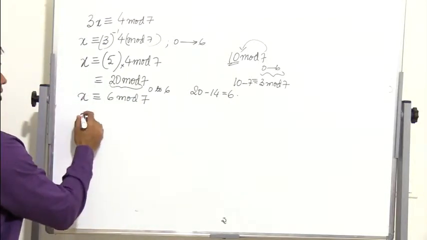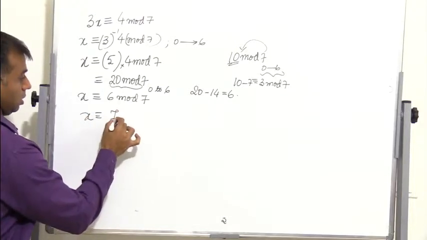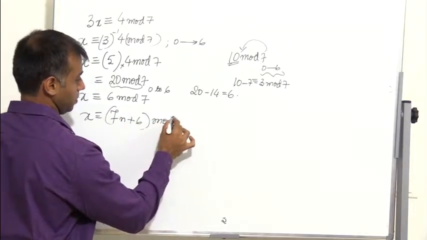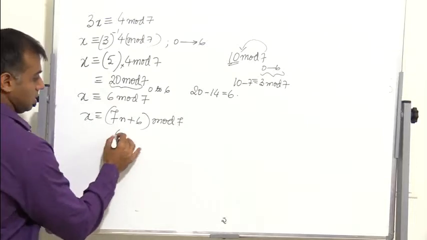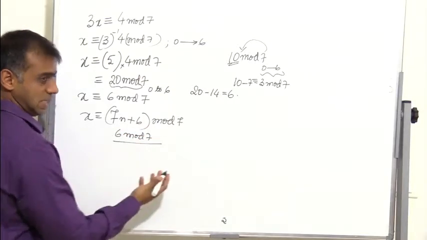So what is the general value? x can have any value 7n plus 6 in mod 7. Why is that so? 6 mod 7 is 6 itself.